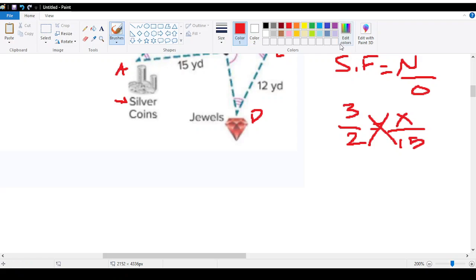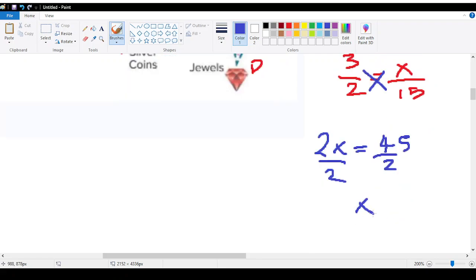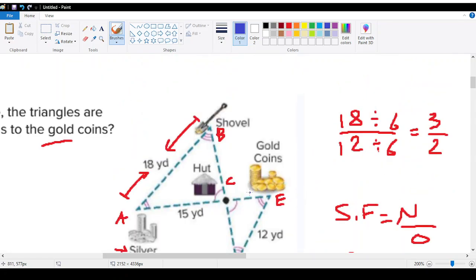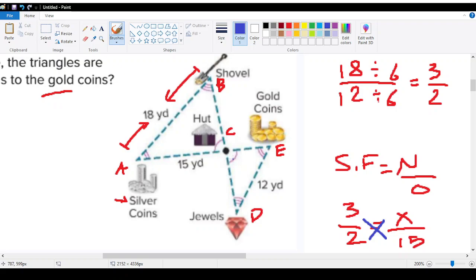Now, 2 times x, 15 times 3 equals 25. Yep, divide by what now? Divide by 2. Okay, so we end up with x equals 22.5. I don't think that this is correct.